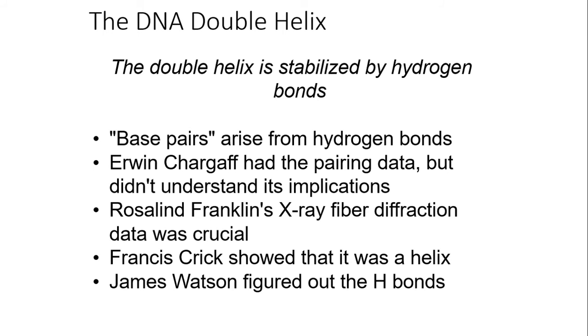And this is called Chargaff's rule. So in the 1940s, Chargaff devised the first reliable quantitative method for analyzing the composition of DNA. And what he found was there were equal proportions of A and T and G and C. So the structural basis for the rules is derived from its double-stranded nature.